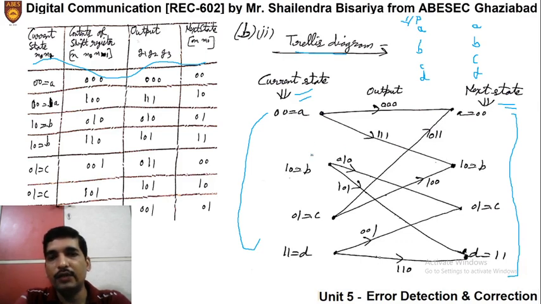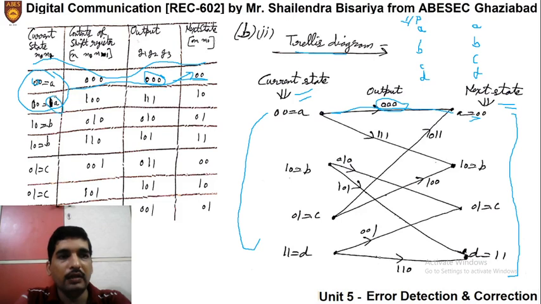Now, how will we proceed? We have seen that if the state is A, it will go from state A to state A if the input is 0. So the input is 0, it will go to state A again, and the corresponding output is 0 0 0. And if in state A the input is 1, then the next state will be 1 0, that means B, and the corresponding output is 1 1 1.